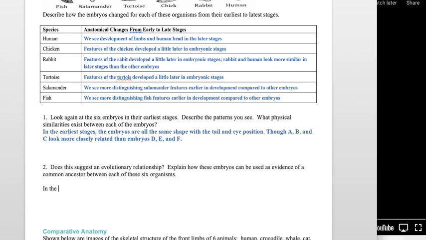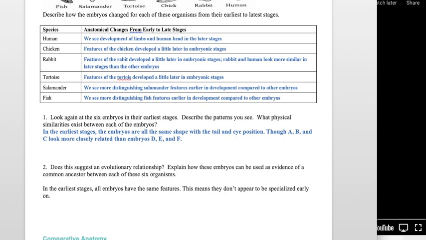Well, in the earliest stages, all embryos have the same features. This means they're not really specialized, or they don't appear to be specialized early on.